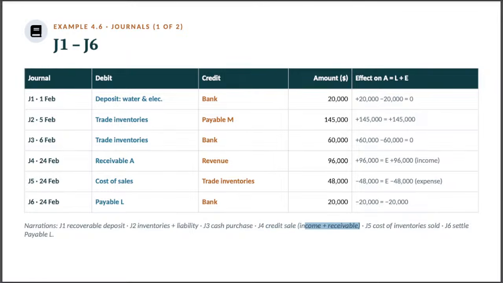J4 is credit sale, income plus receivable. And J5 is the cost of inventory sold. You see here, cost of sales. Pretty expensive. And J6 is the settle payable to L. So payable L, bank, 20,000 minus 20,000. So there it is. Everything balances out in the way we see it here.